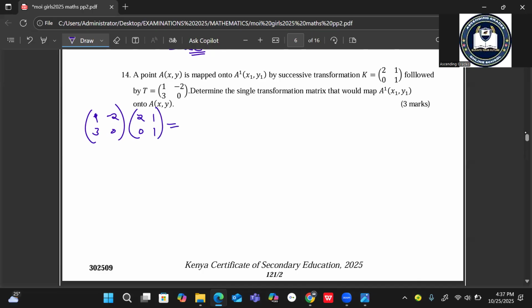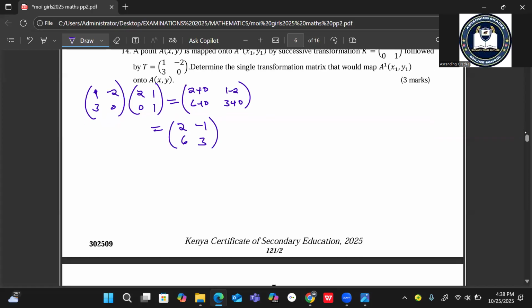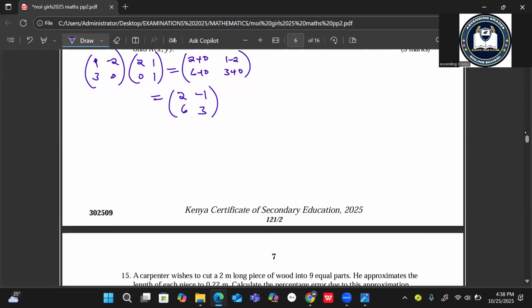So we shall have 2 plus 0, 1 minus 2, 6 plus 0, then 3 plus 0. So our answer now becomes 2, -1, then 6, 3. That is when we multiply T by K. Now we look for the determinant of the matrix. So we're going to take 2.